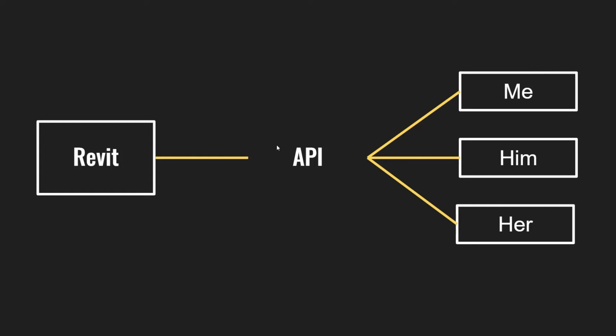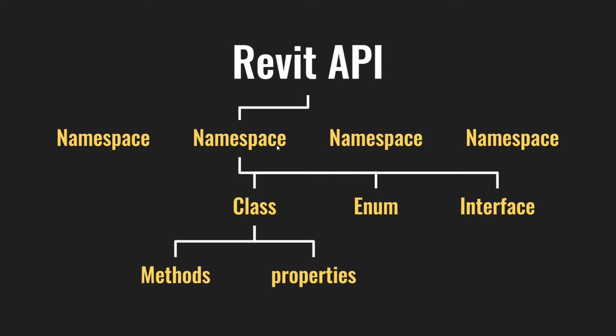One thing that we have in the Revit API is its structure. First of all, it's made of namespaces, and within each namespace you have classes, enumerations, and interfaces, and usually we deal more with classes. Of course, we use enums and interfaces, but most of the time it's more about classes.